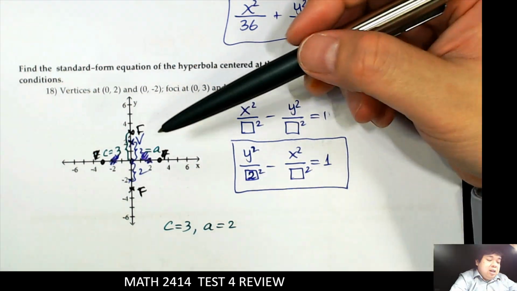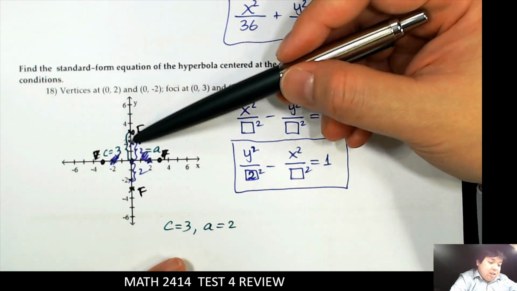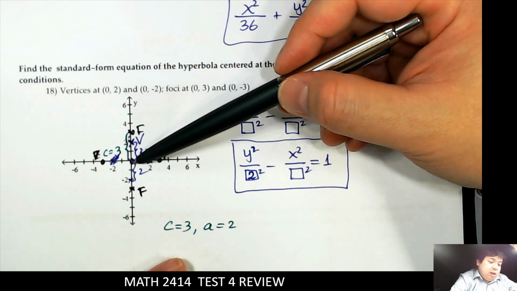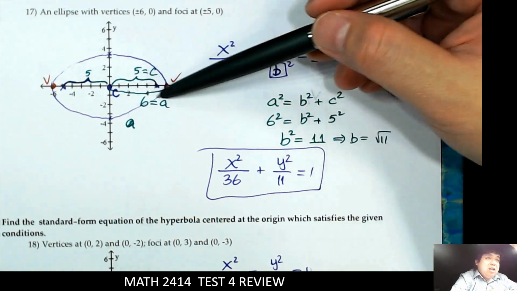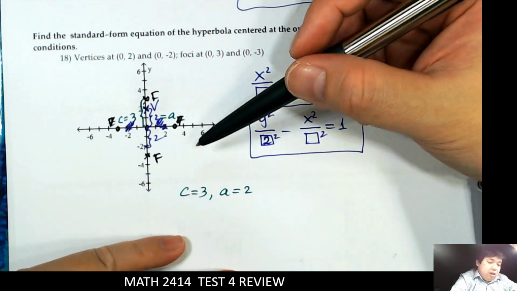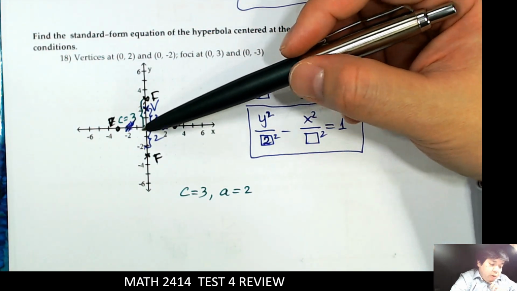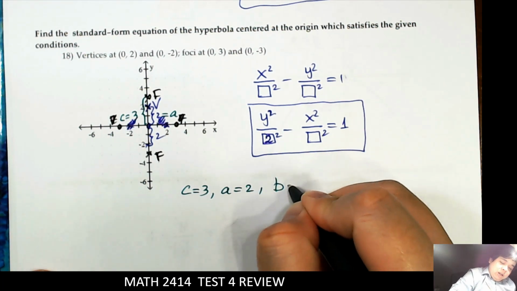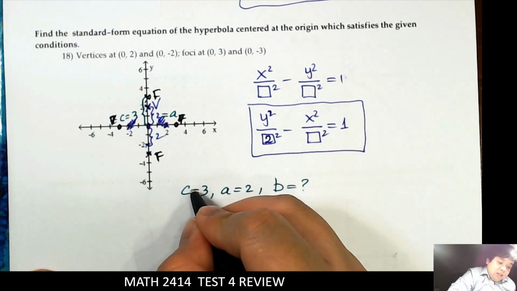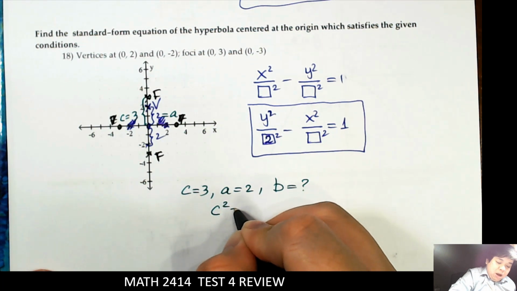And notice that in the hyperbola, c is the biggest one, not a. On the ellipse, a is the biggest one. On the hyperbola, the distance from the center to the focus is the biggest. We don't know b, but we do know that c is the biggest one.